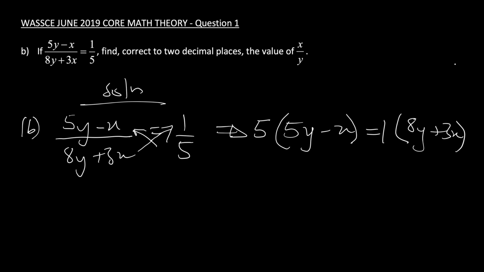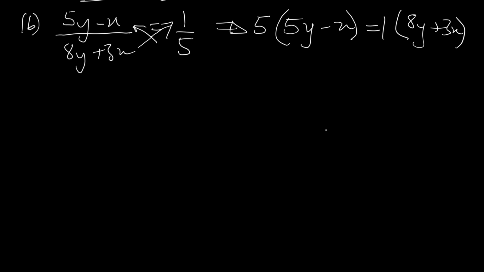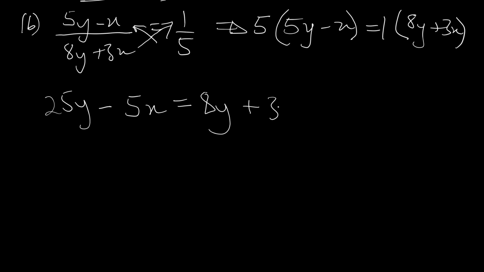We can expand to remove brackets. 5 multiplies 5y, we have 25y, minus 5 times x, we have 5x, is equal to 1 times 8y, we have 8y, plus 1 times 3x, we have 3x.